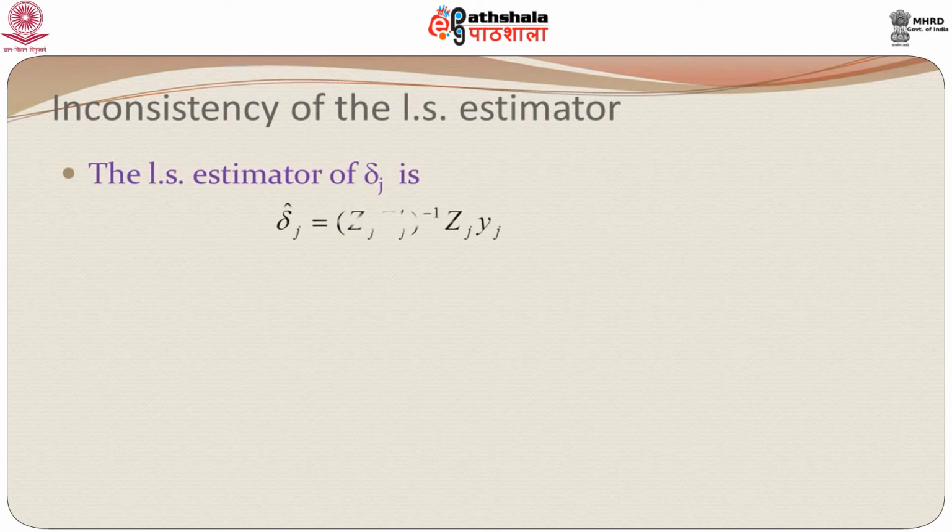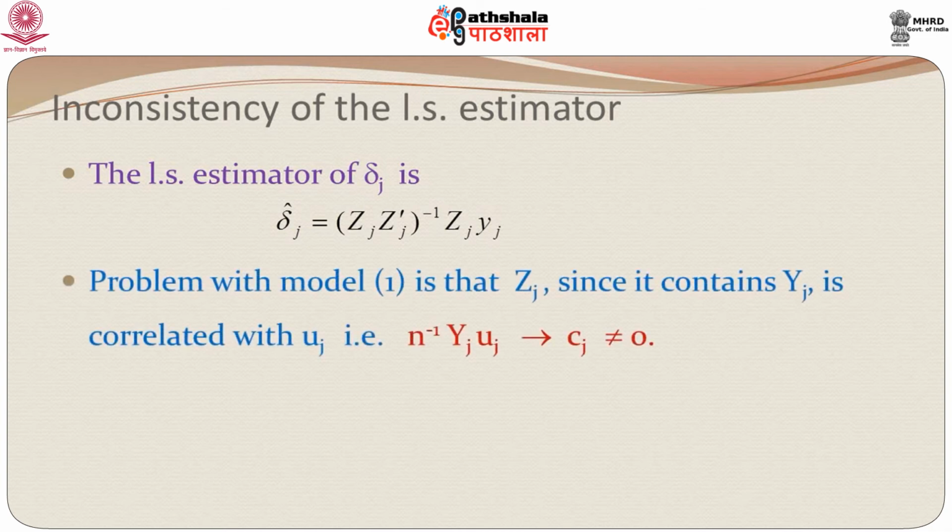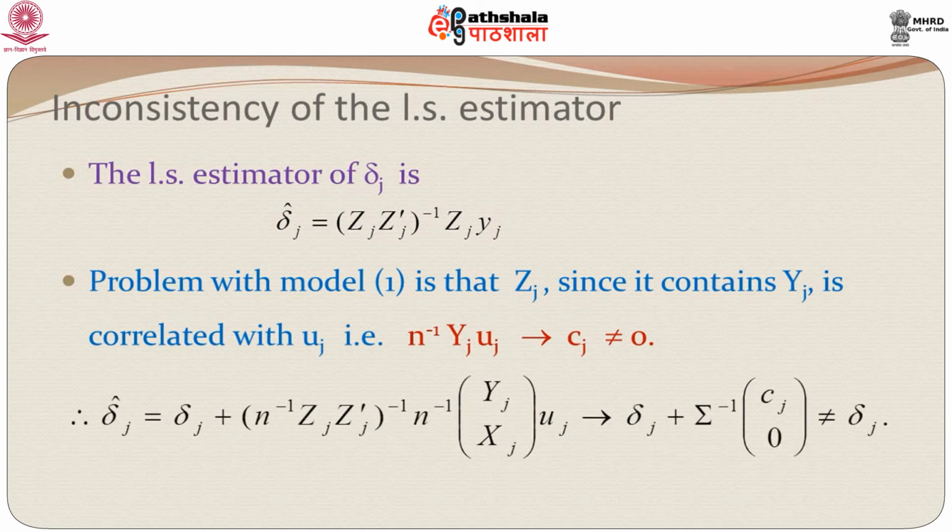Delta j hat is zj prime zj inverse zj prime yj, that is the least square estimator, and since n inverse zj prime uj does not tend to 0, it tends to some constant cj, being correlated to each other, this delta j hat would not tend to delta j. It will tend to something like delta j plus sigma inverse times cj and a 0 vector, which is not going to be 0, and hence is not going to be tending to delta j, and hence the estimator is inconsistent.